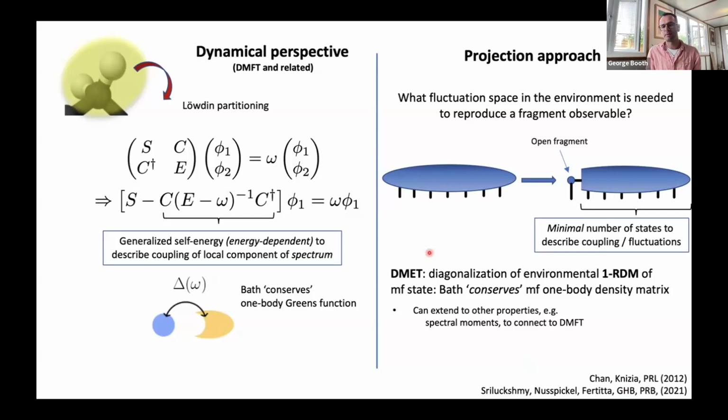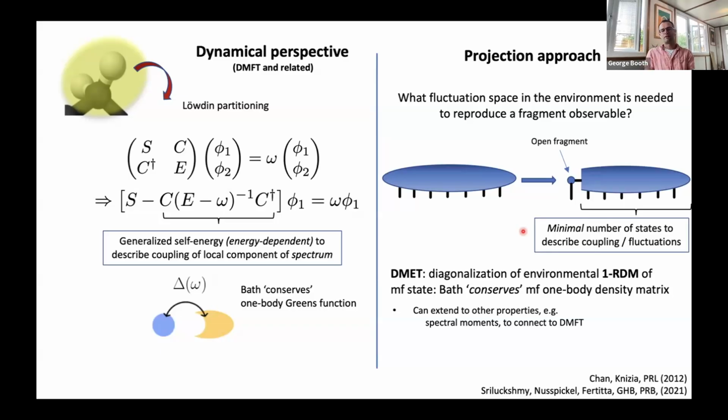And then if we're just thinking about a one-body density matrix and the original level of theory is simply a mean field level of theory, then what we're doing is we're exposing a number of single particle degrees of freedom in the environment that we have to couple to in order to conserve a mean field one-body density matrix. Now, you can think of this one-body density matrix as the instantaneous part of the local Green's function, right? So that's the observable that we're conserving if we can couple to these external degrees of freedom.